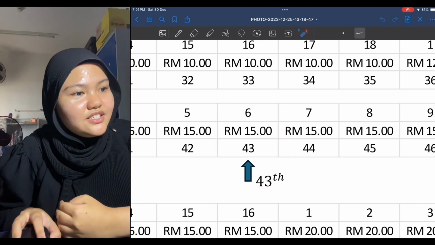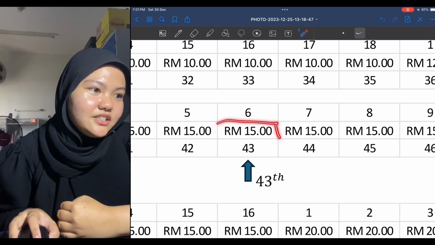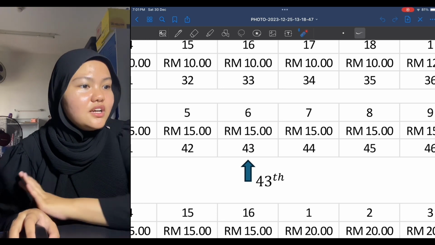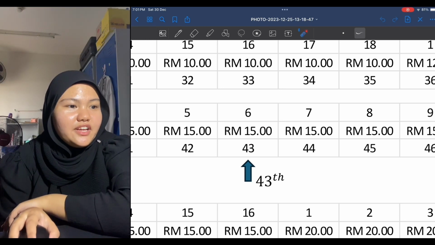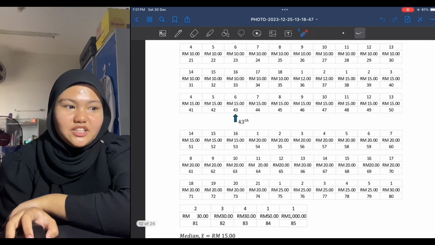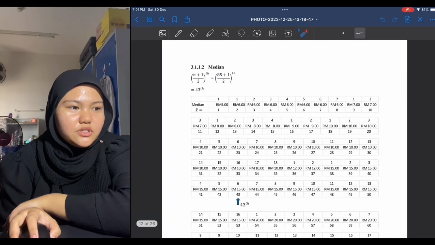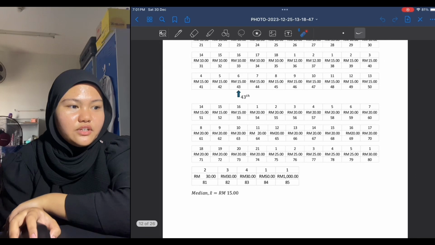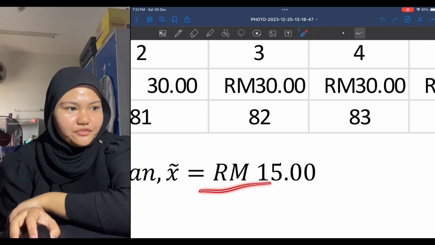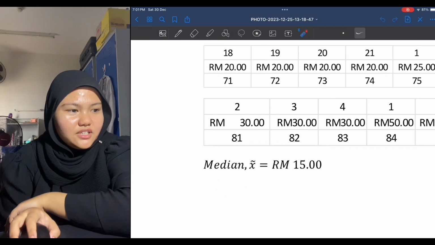I have arranged all the data in ascending order, from low value to high value, starting with 5 ringgit and ending with 1,000 ringgit, because 1,000 ringgit is the highest value and 5 ringgit is the lowest. The value at the 43rd place is 50 ringgit. So that's our median.